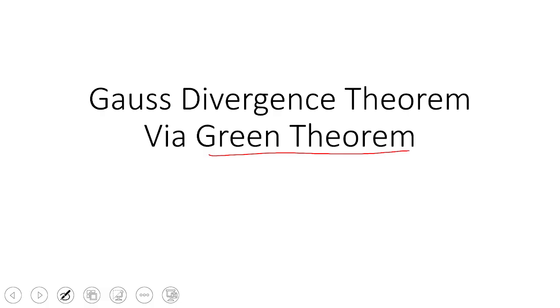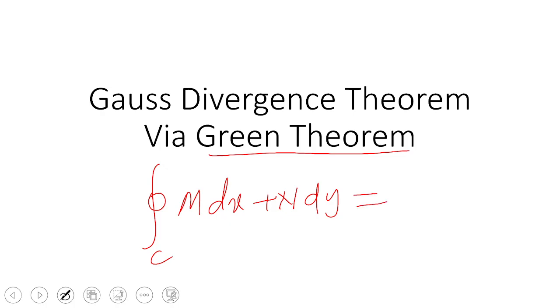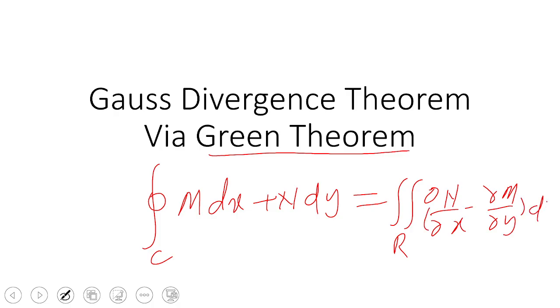We proved in previous videos that the Green theorem says on a closed curve, the integral of m dx plus n dy is equal to the double integral over the given region of partial n by partial x minus partial m by partial y dR, where dR is equal to dx dy.